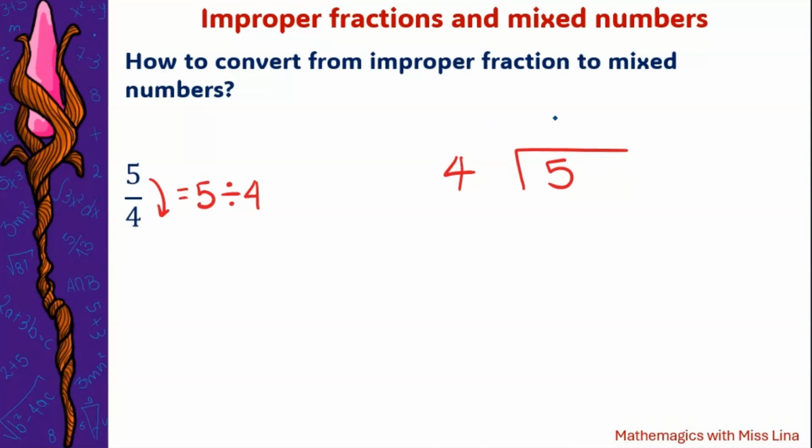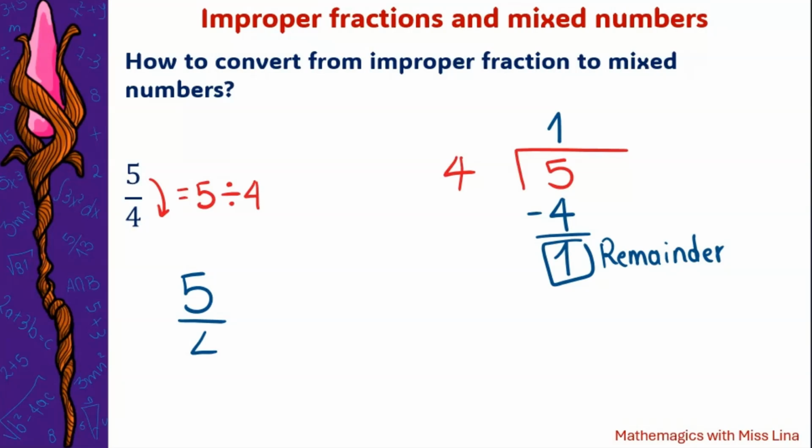5 divided by 4 is 1. 1 times 4 is 4. And then we do the subtraction. 5 minus 4 is 1. This is the remainder. Then we could write that 5/4 is equal to 1, which comes from the result.